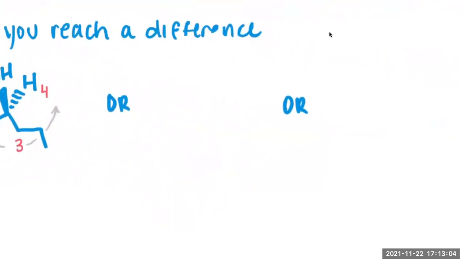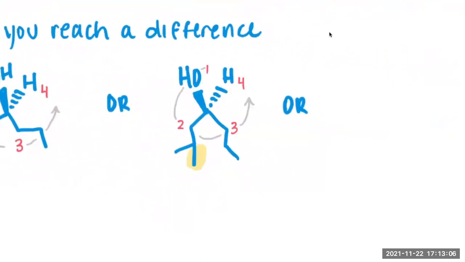Okay, another example would be, we have the same situation except for those bottom branches down there. So we still have our oxygen at first priority, hydrogen at fourth priority. And then we have to decide whether the carbon here has a higher priority or the carbon there. So let's say we branch out.